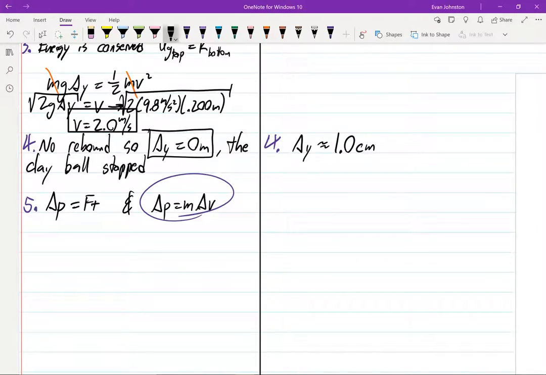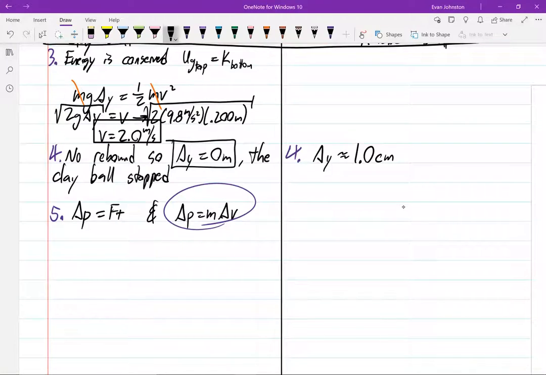And I'll just write out that our change in momentum is its mass, so 0.08655 kilograms, times its change in velocity. So change in something is always final minus initial. And so since it stopped after collision, its final is 0 meters per second, minus its initial of 2 meters per second.